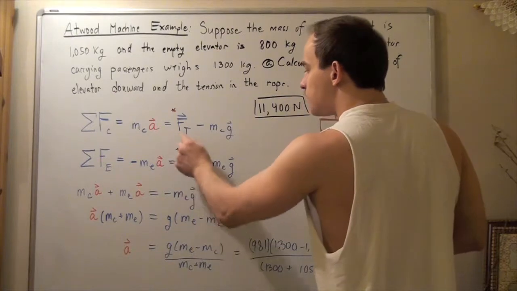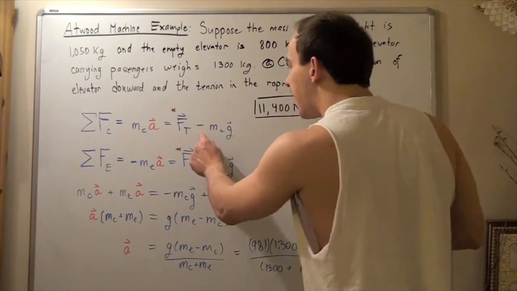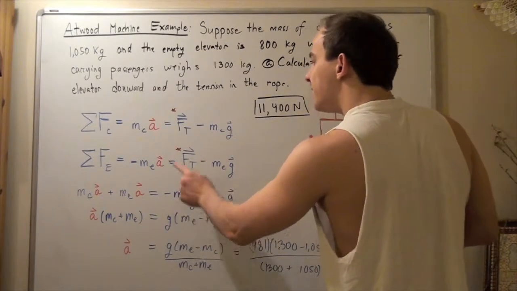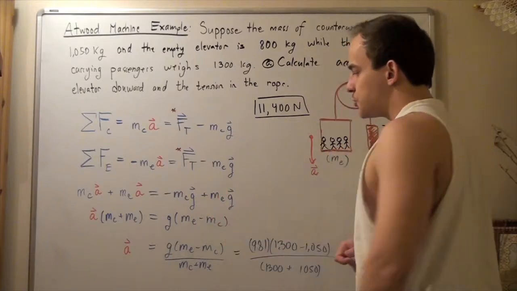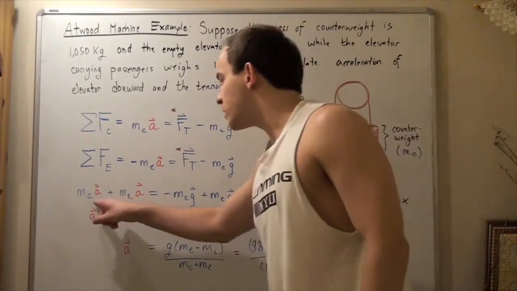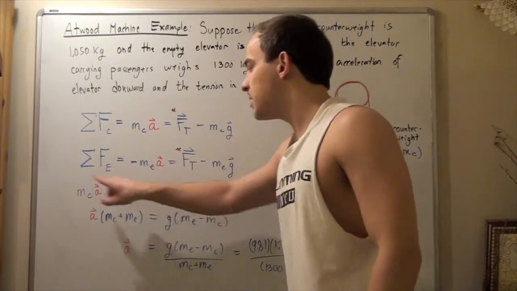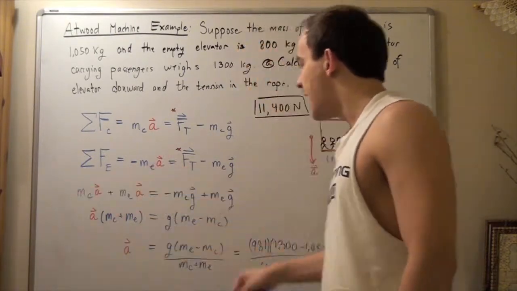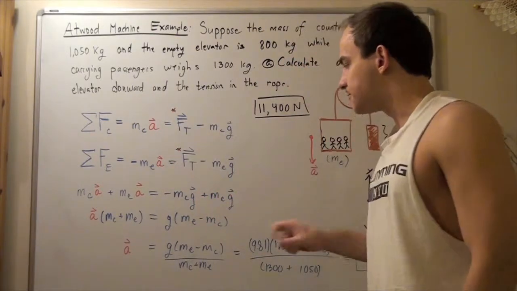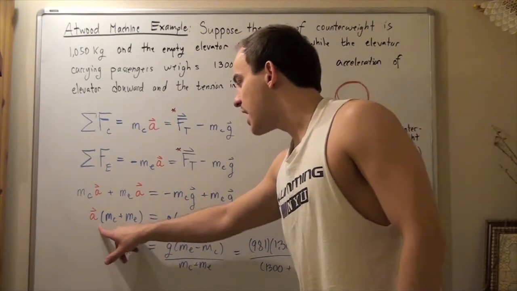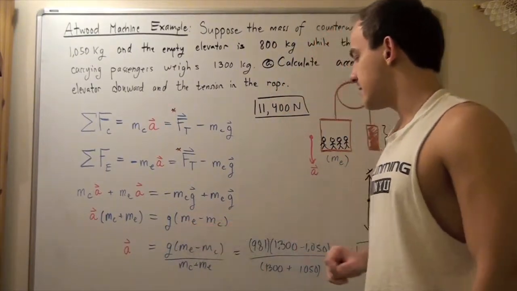These cancel out, so this disappears, and we get minus m_C g plus, because the minus becomes a plus, m_E times g. Now notice that on the left side there is a common term in both terms. So let's take the a out, and on this side let's take the g out. We get a times (m_C plus m_E) equals g times (m_E minus m_C).